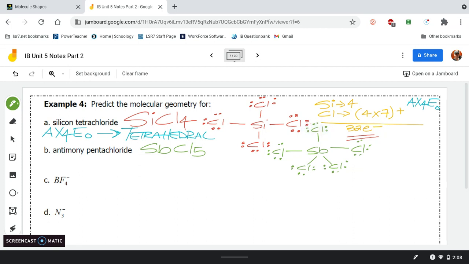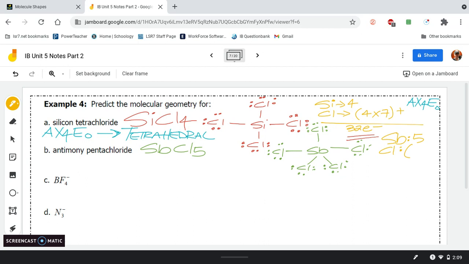Okay, now, looking at this, we need to check the target number. So antimony, Sb, is going to provide 5 because it's in column 5A. Each chlorine is going to give us 7, but there's 5 of them.